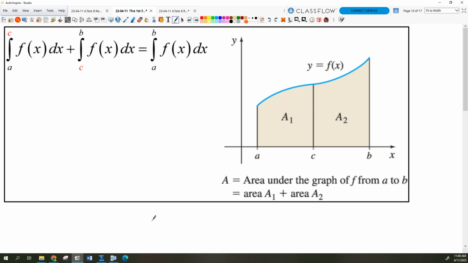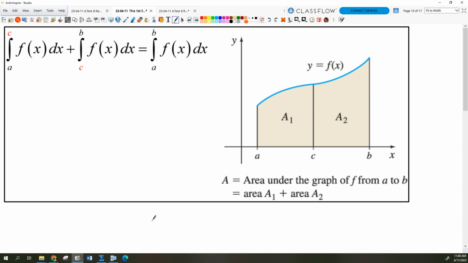What's this saying? The definite integral of f of x from a to c, plus the definite integral of f of x from c to b, equals the definite integral from a to b. Okay, what's that doing? Do you see that that's just adding up adjacent areas?